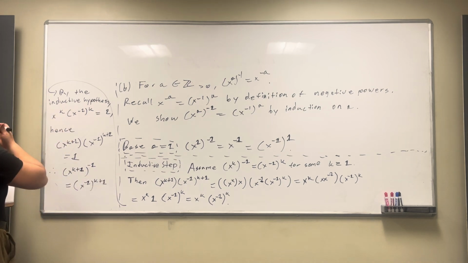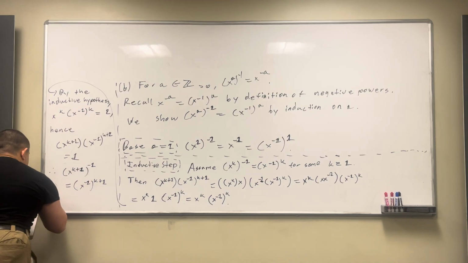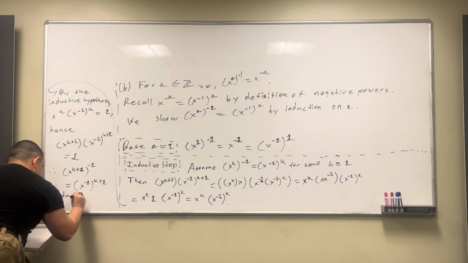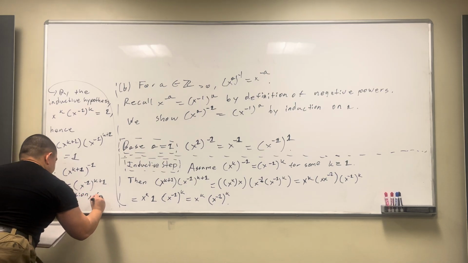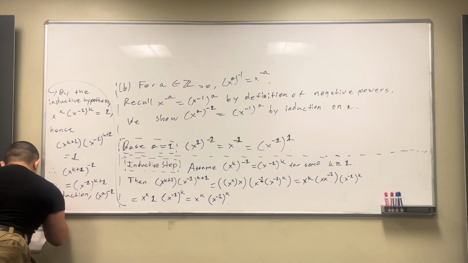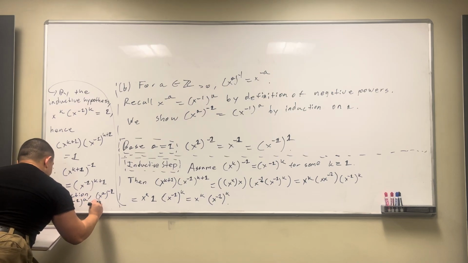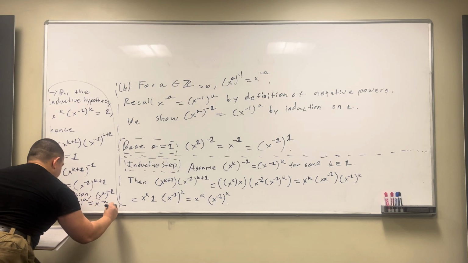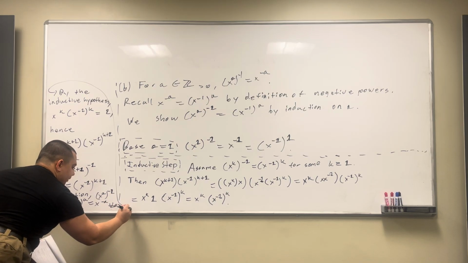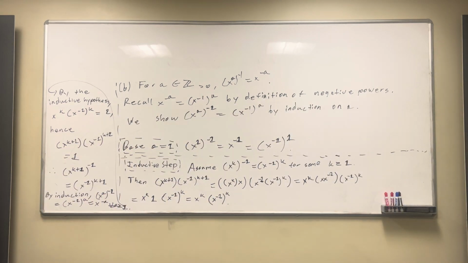And so, by induction, (x^a)^-1 is equal to (x^-1)^a, which is equal to x^-a, and this is for all a greater than or equal to 1. So we have it.